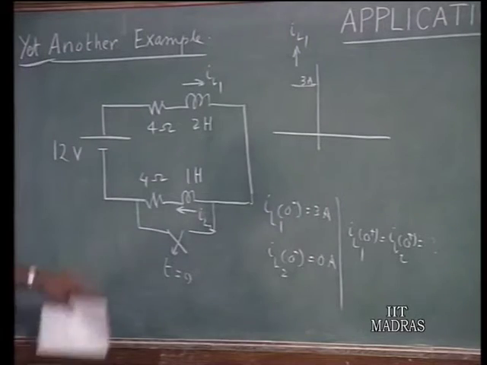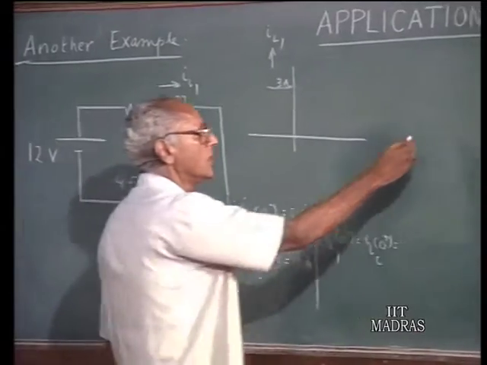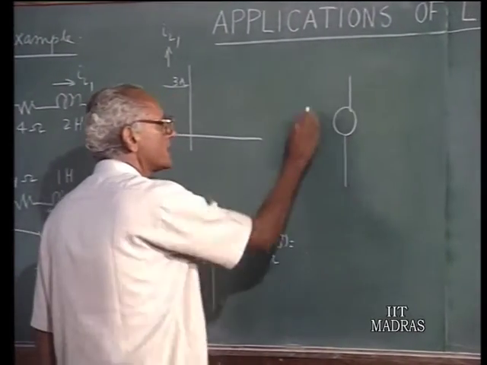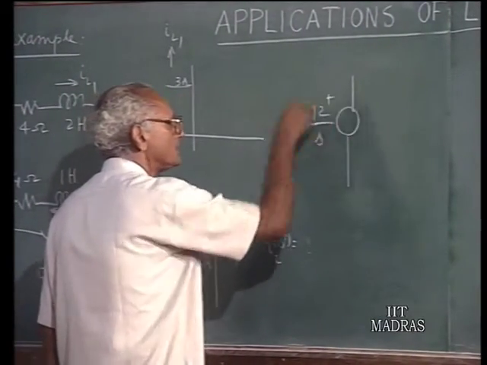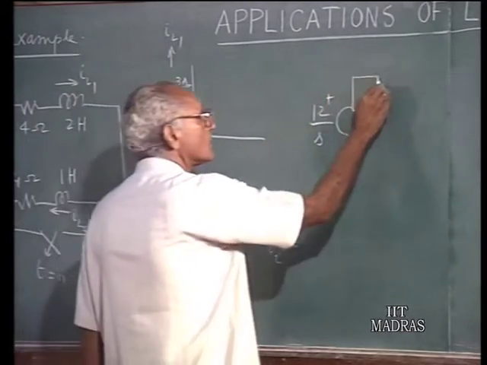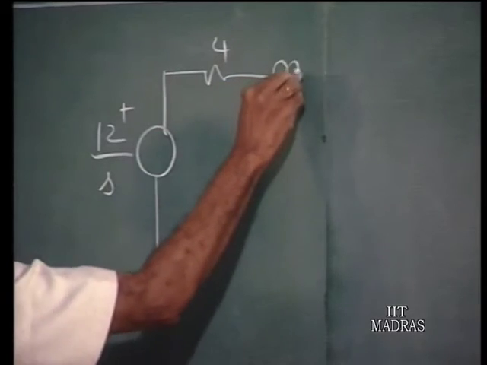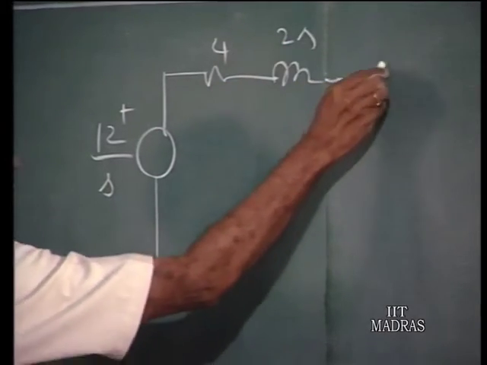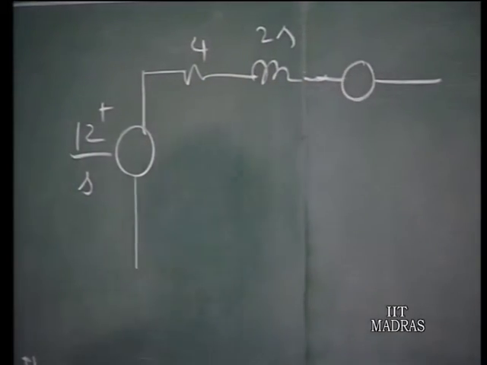So let us draw the transform diagram for this. You have 12 by s as the transform of the voltage source. You have 4, 2s, and as far as the inductor is concerned, we use the I at 0 minus values.